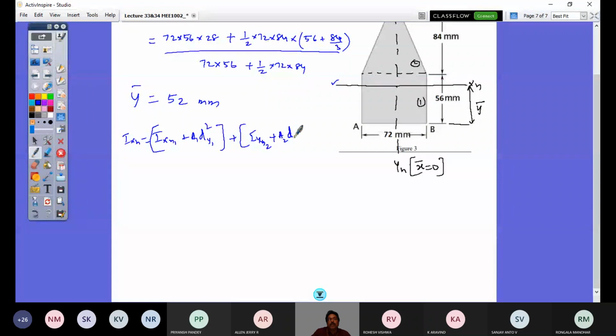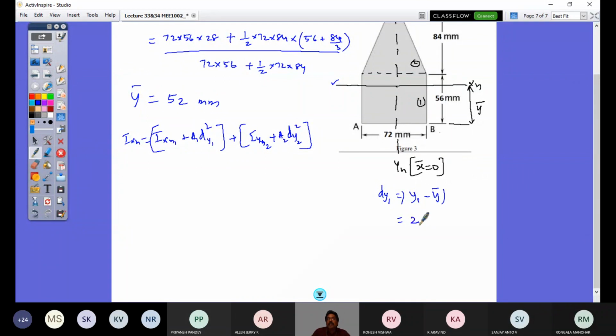So in this, dy1 and dy2 you have to get. What is dy1? It is the modulus of y1 minus y bar. What is y1? y1 is 28. So 28 minus y bar 52 would be equal to 24 mm.